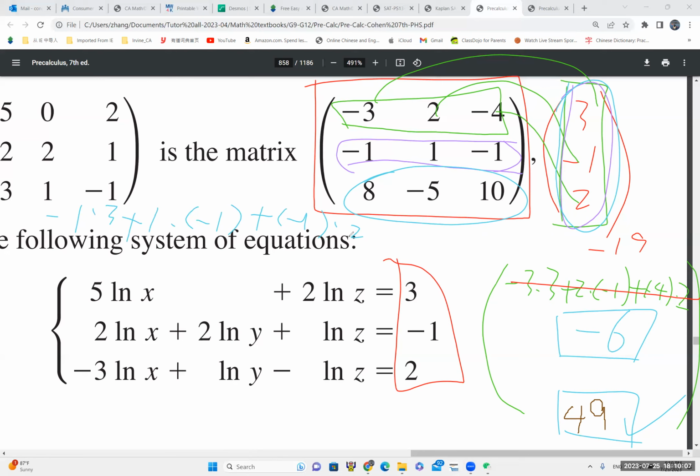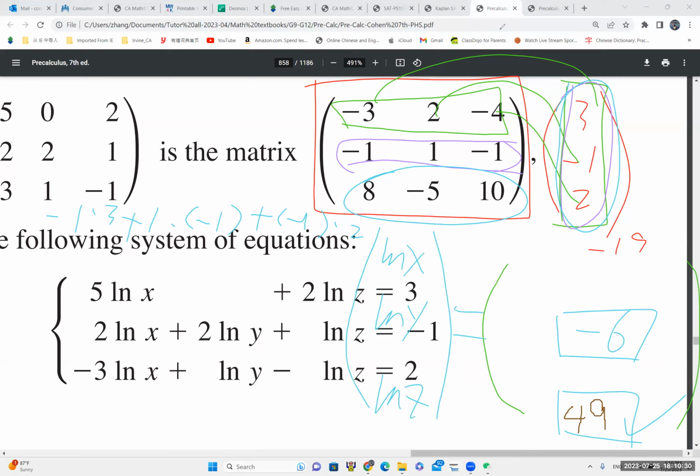So what does this mean? Let me erase something. That means we get ln x, ln y, ln z equal to this, right? That means ln of x equals -19.